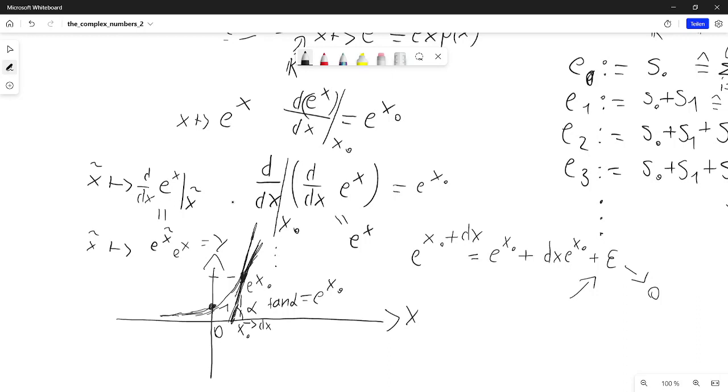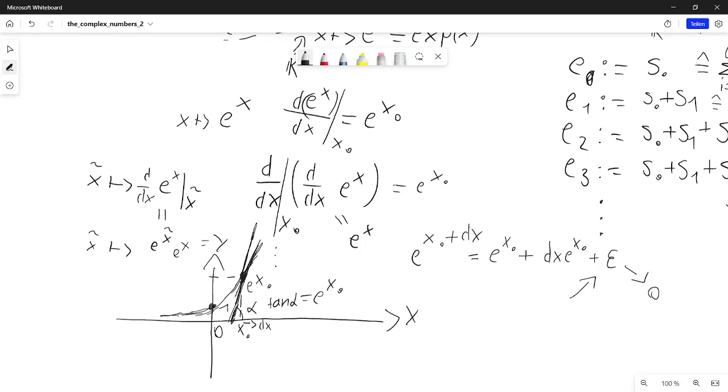What does it mean? Well, we go a little bit away from the point x0 and we consider the value of this function, something like here. And it is almost the line, but only a little bit off, and this bit goes to 0. So it is almost this.